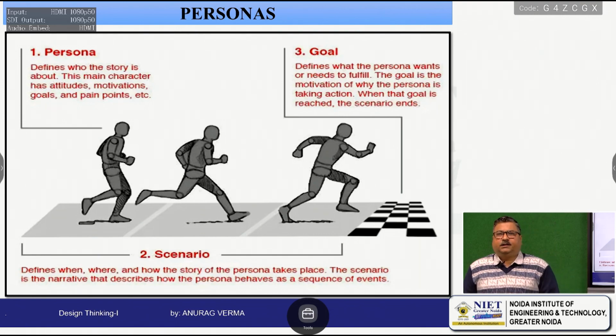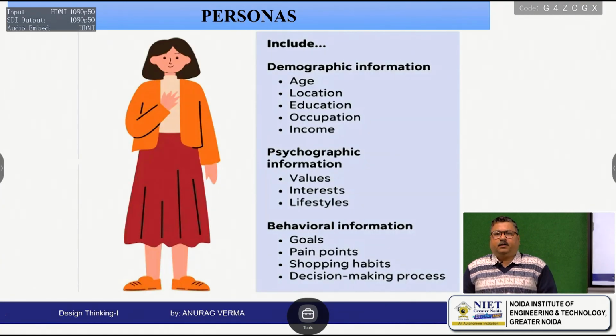Okay, let's see what a persona includes. It includes the demographic information of our customer, which is age, location, education, occupation, and income.